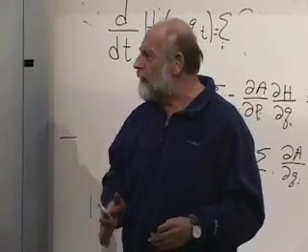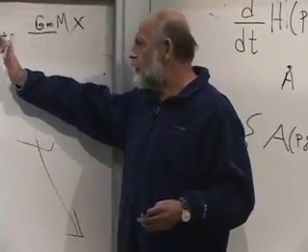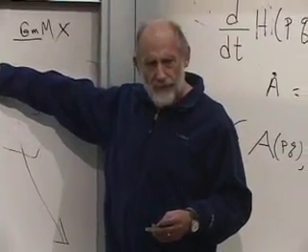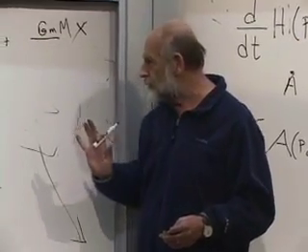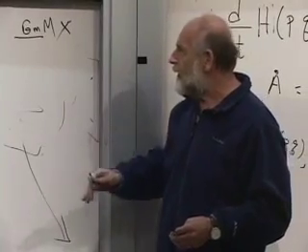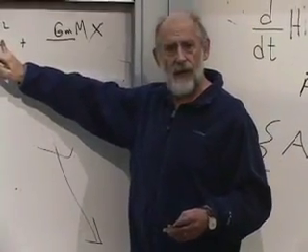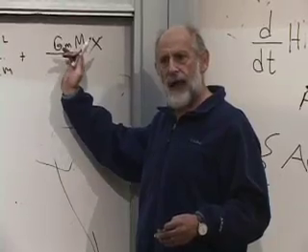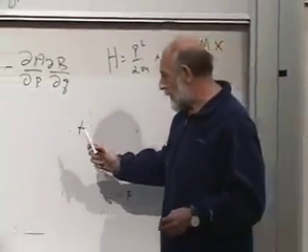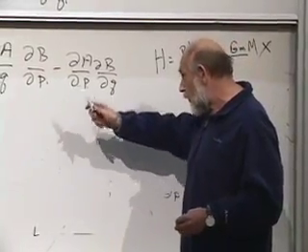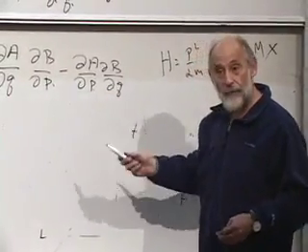But some people seem to be under the impression that it's important to describe whether x is the first variable or the second variable. It's not. It's just the x variable, and p is the p variable. When I calculate dH by dp, I don't have to ask whether p comes first and x second, and so forth.